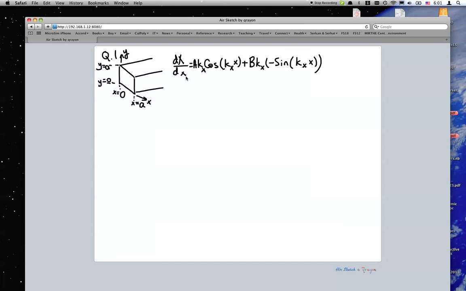Okay, so now if we plug in x equals 0, what are we going to get here?